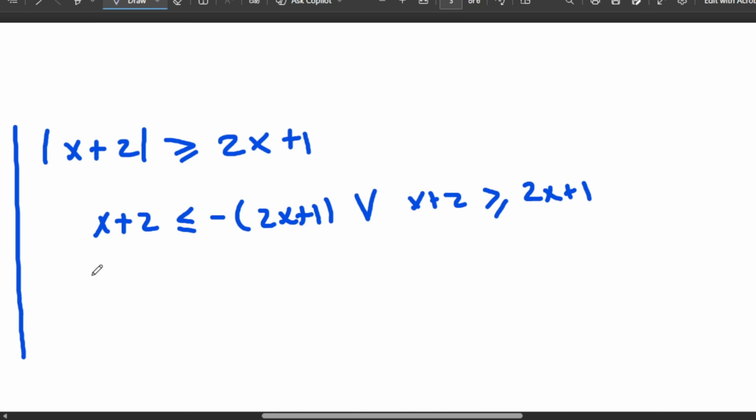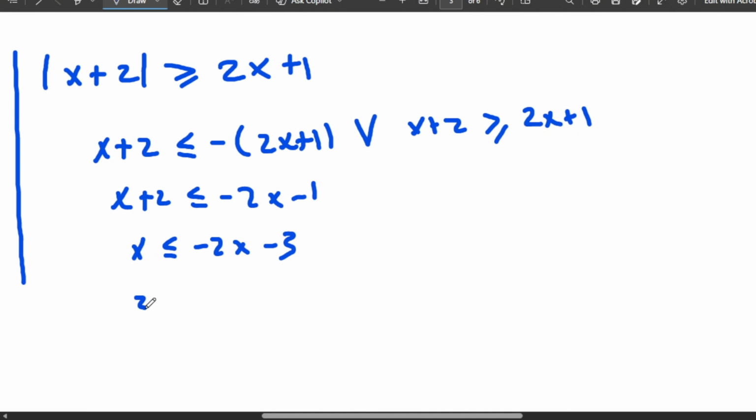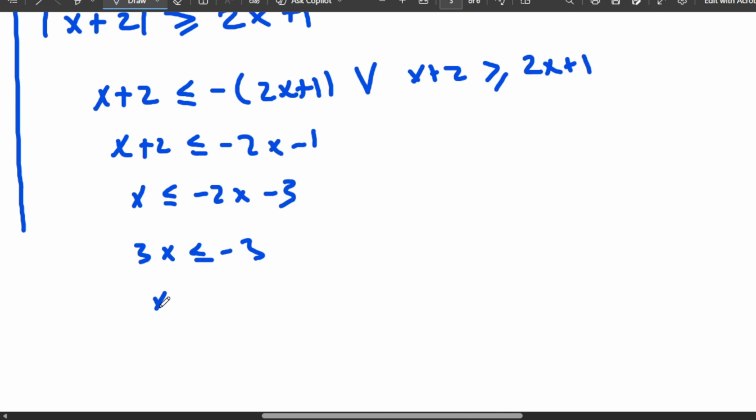Using this, we have x plus 2 is less than or equal to negative 2x minus 1, so x is less than or equal to negative 2x minus 3. We have 3x is less than or equal to negative 3. So x is less than or equal to negative 1.